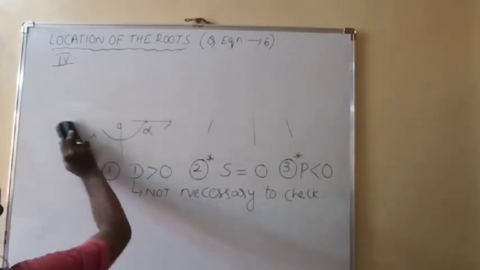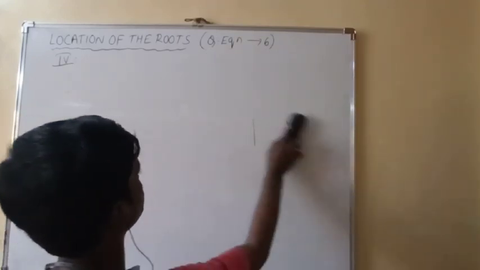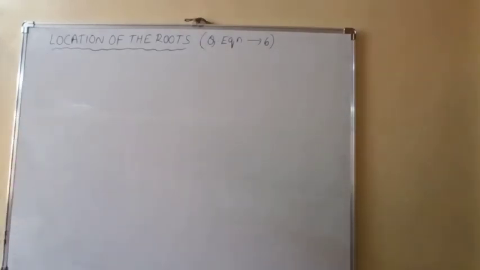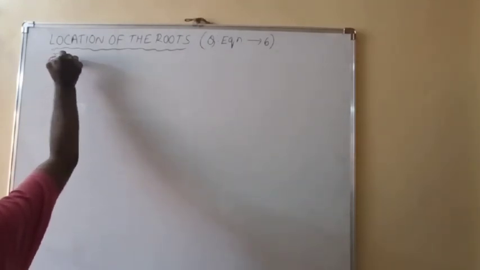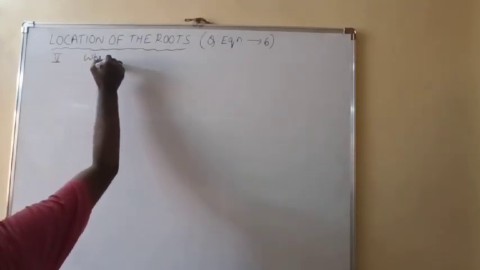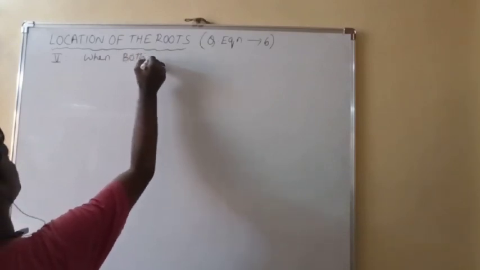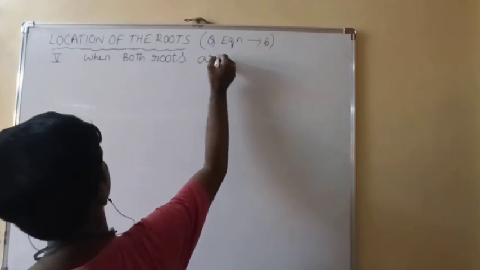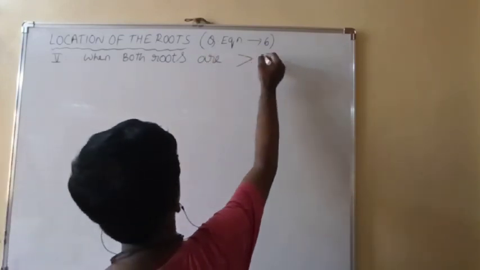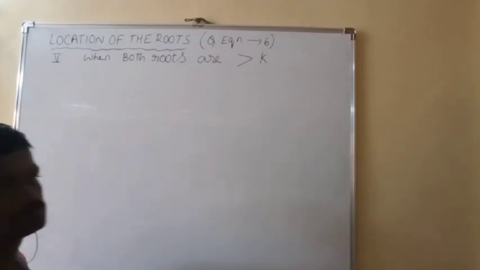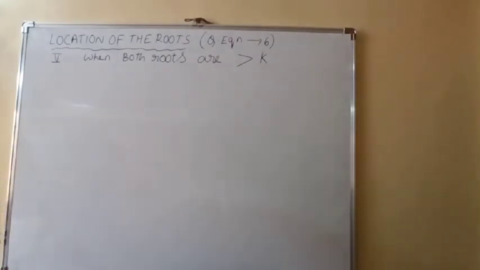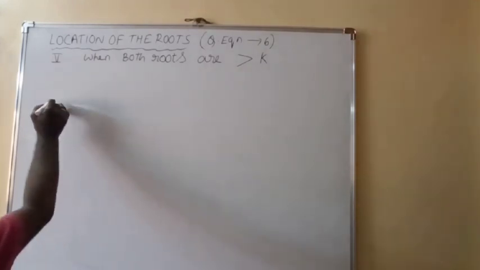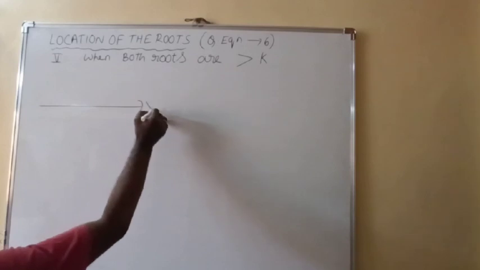Next, the fifth case: when both roots are greater than some constant k. That means alpha is greater than k and beta is also greater than k. Then in this case, what are the possible graphs? See, observe.